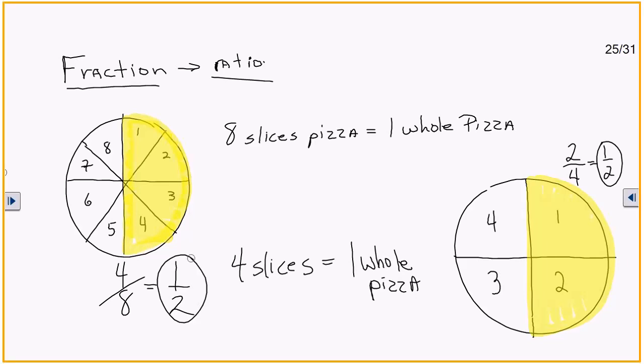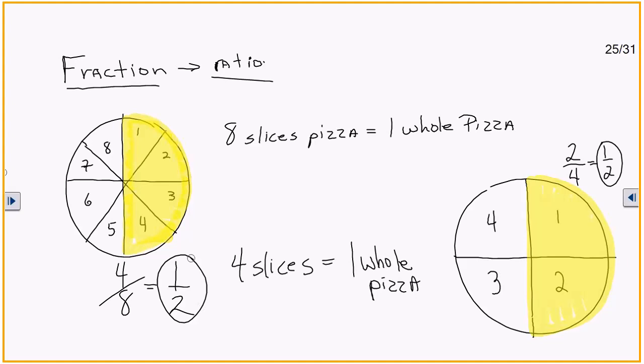Now, why do I show students this scenario before we even get started? Because fractions can look different, but basically are the same mathematically. I can cut that pizza up into 16 slices.